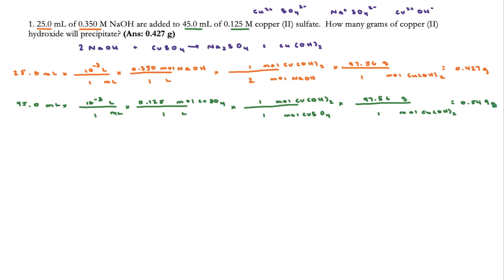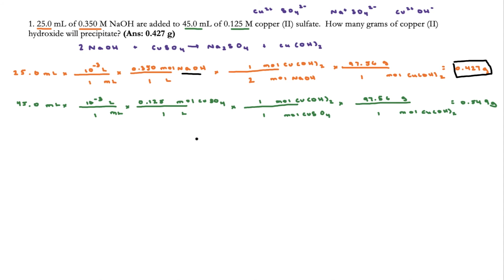Now I know for sure that my limiting reactant is in fact sodium hydroxide because it only produced 0.427 grams of my product, while the copper sulfate is my excess reactant because it could produce 0.549 grams. So this here is my theoretical yield, produced by my limiting reactant, while this is my excess reactant.